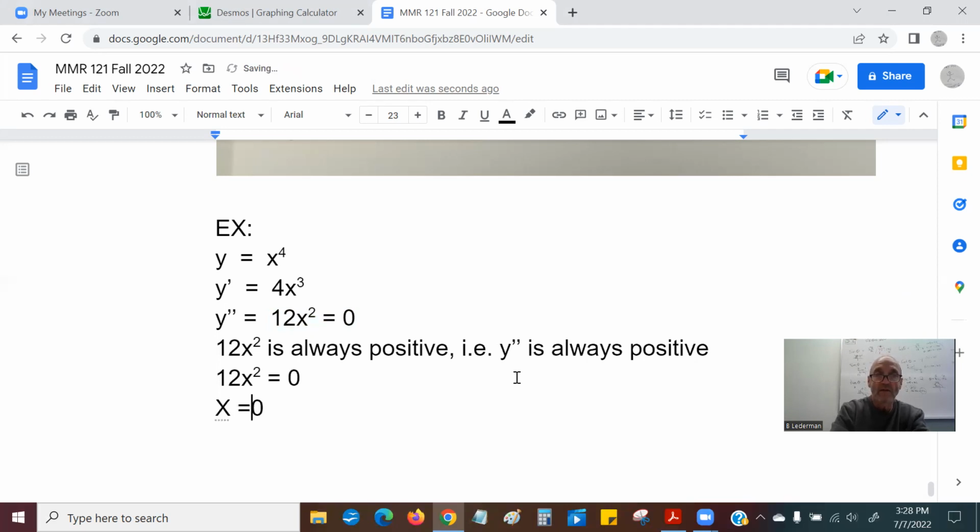And so x equals 0 is a point that makes y double prime 0. But since this is always positive, it's not a point of inflection.